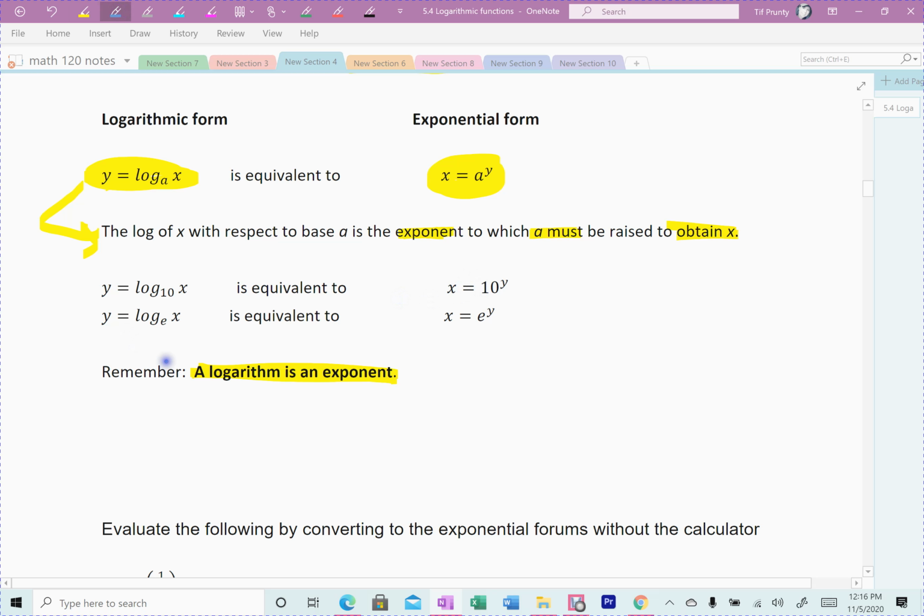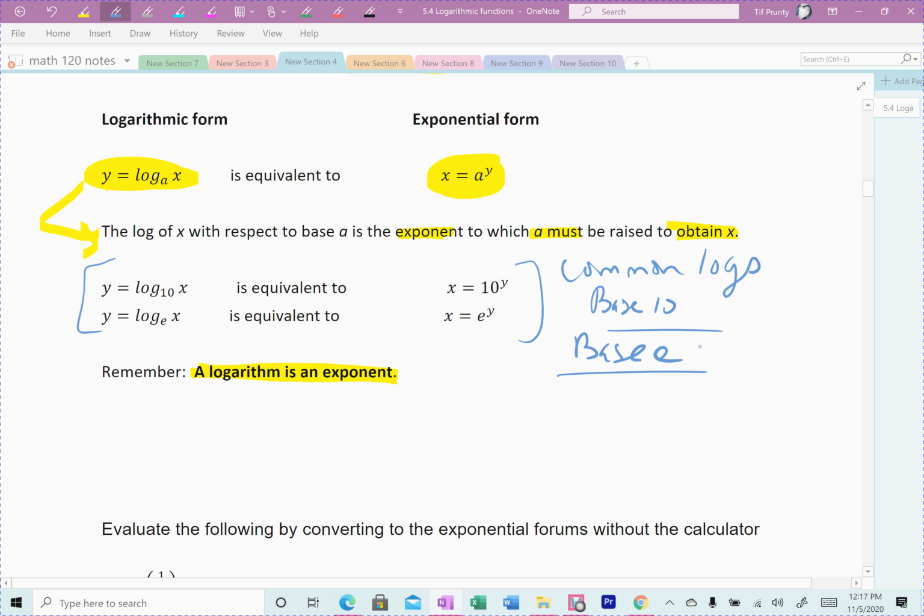These are what we call common logs. The other is base e, and we'll talk more about these later, because there is an alternative notation that shows up on the calculator.